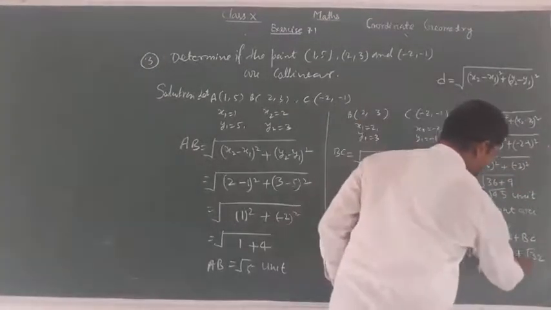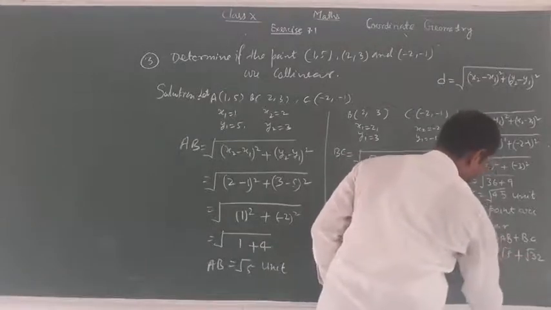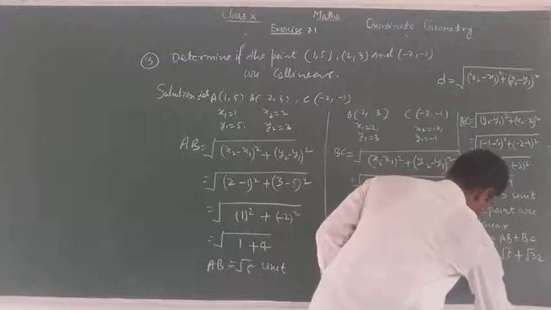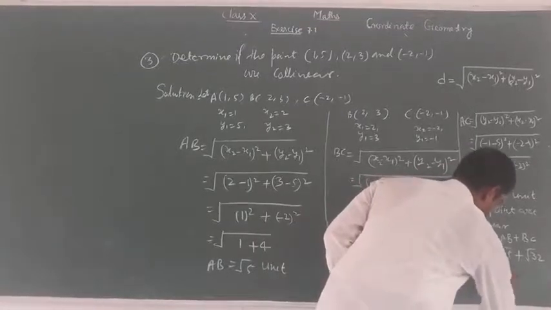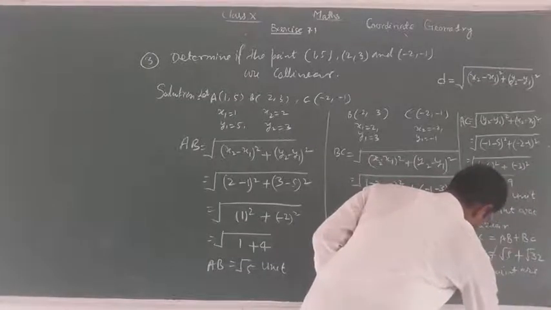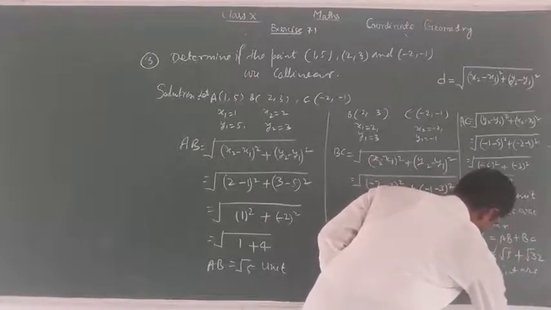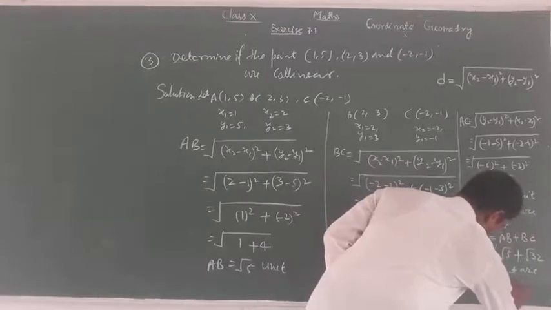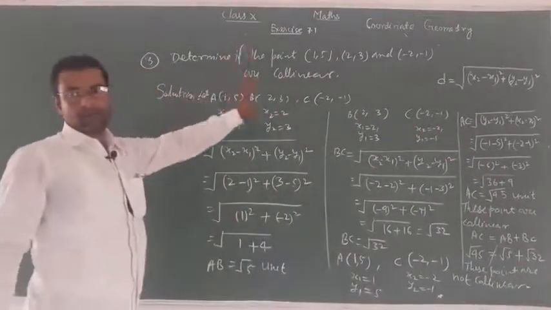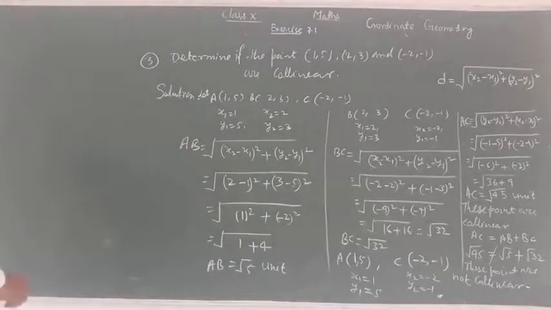This is not equal, so these points are not collinear. So these given points are not collinear.